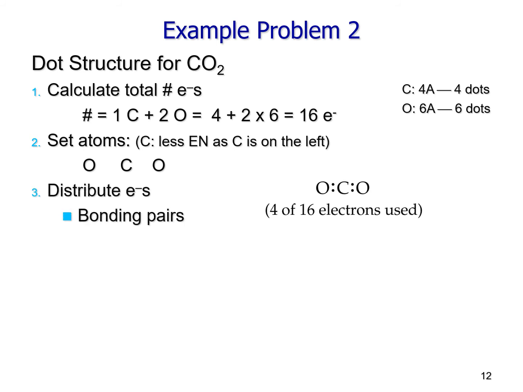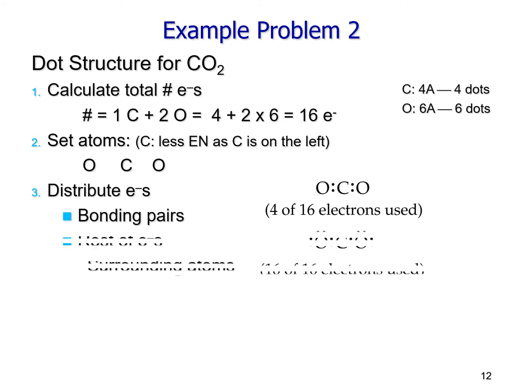As we distribute the electrons, now we have 2 pairs of bonding atoms. So we give up a total of 4 electrons to have 2 single bonds between carbon and oxygen, one for each pair. For the rest of the electrons, as we established, oxygen atoms are the terminal atoms, so each oxygen will have 6 more electrons as lone pairs.